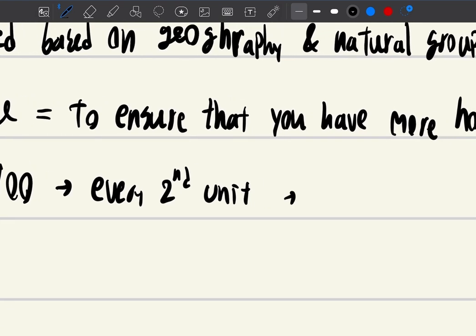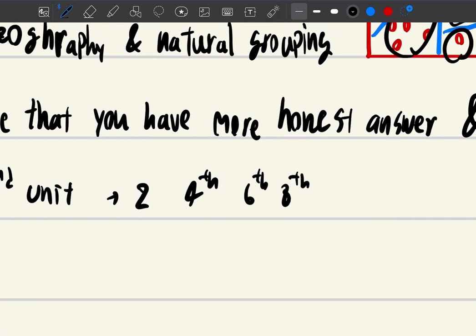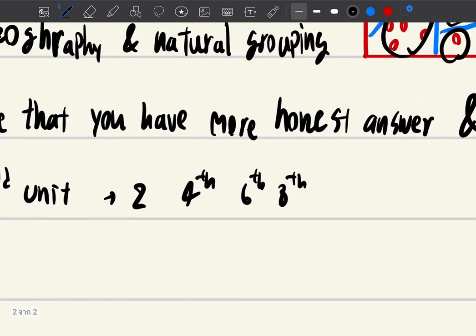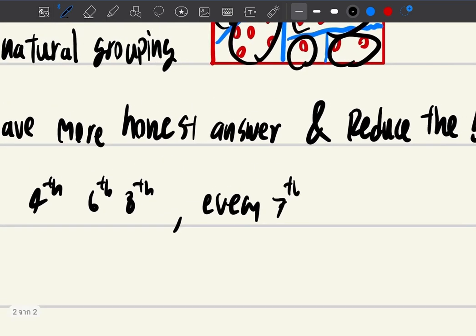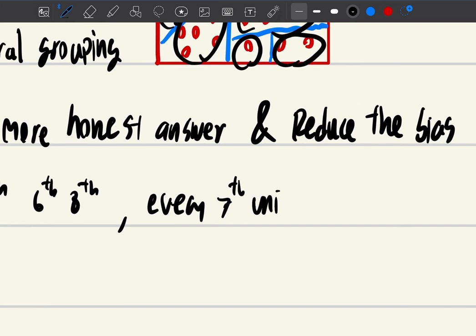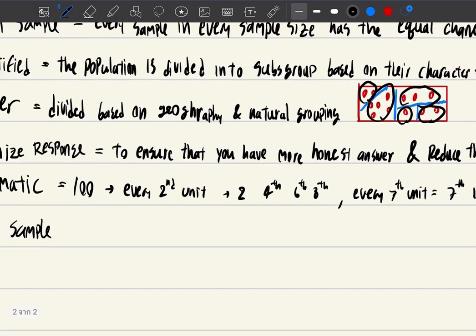It's going to be the second, the fourth, the sixth, the eighth, or I want every seventh unit. It's going to be 7th, 14th, 21st, 28th, and so on until the 100th.